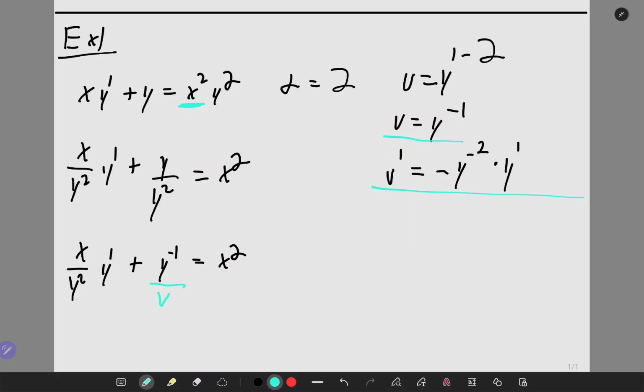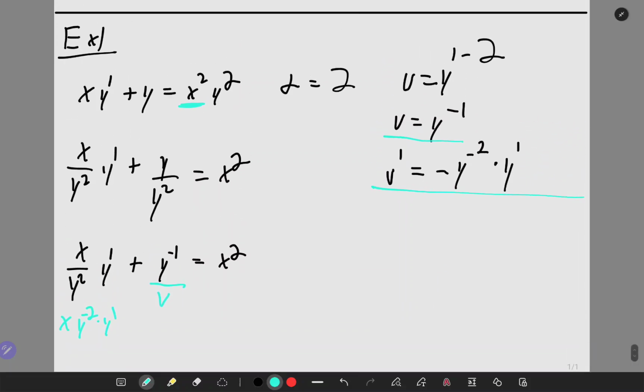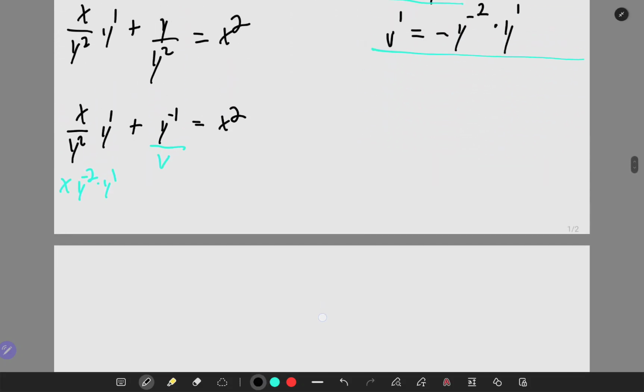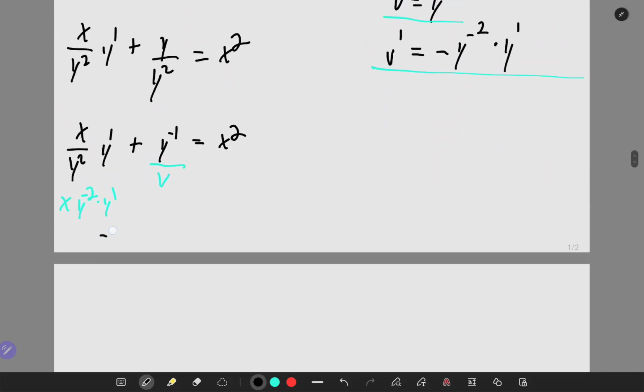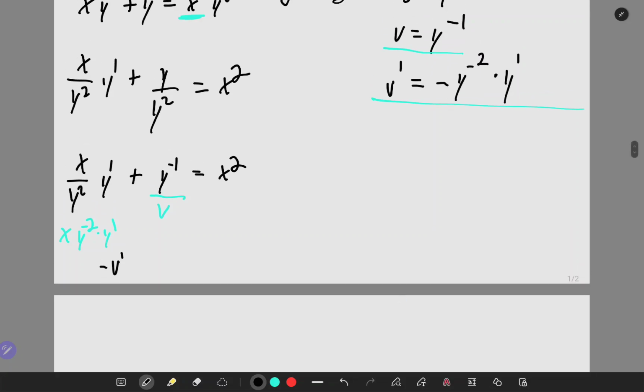So this first term can be written as that. This is the same thing as v prime, but with the opposite sign. So when we rewrite this, we're just going to rewrite it as negative v prime, because v prime is negative up here.